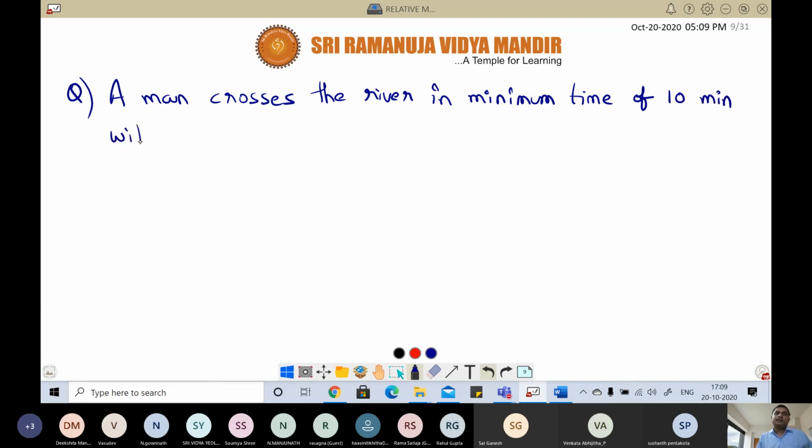When he crosses the river with minimum time, definitely there will be drift, and the drift is given as 120 meters.